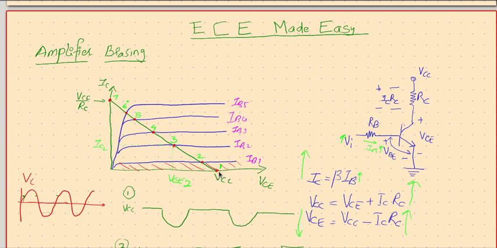So for less than half cycle, point 1; exact half cycle, point 2; full positive cycle and part of negative cycle, the operating point can be at 3. Full positive and full negative cycle to be amplified, it can be at 4.